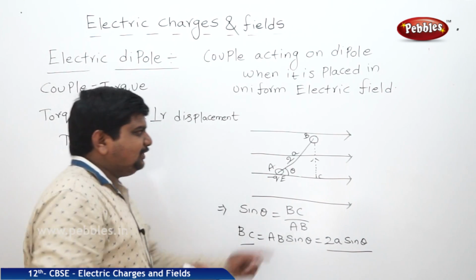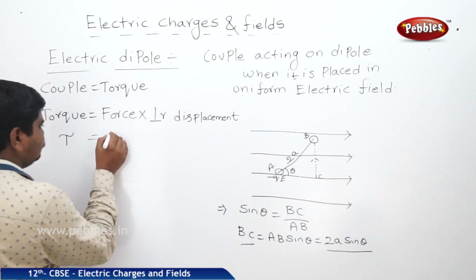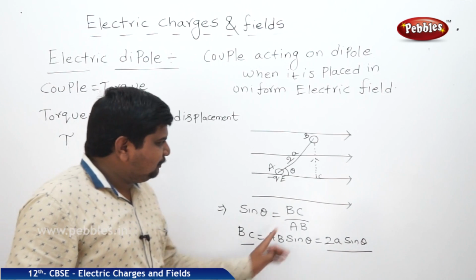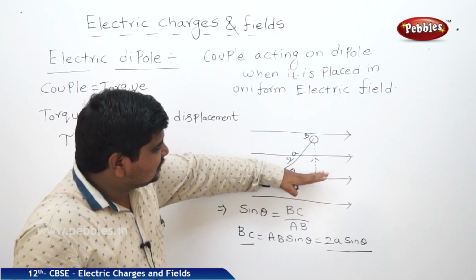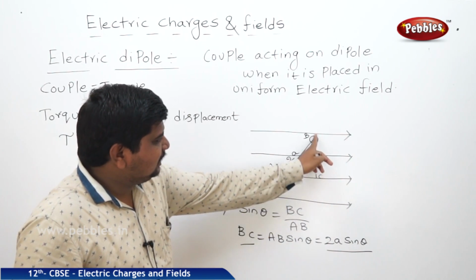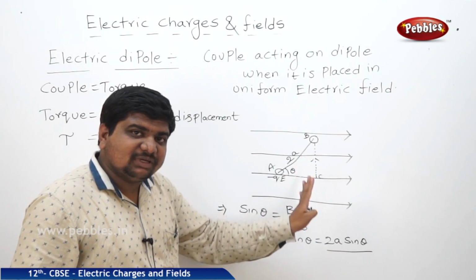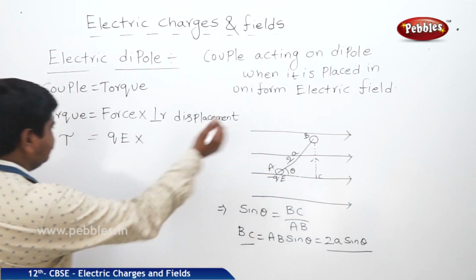What is the force experienced by each individual charge in the dipole? QE. Into. What is the perpendicular displacement? Initially, this is the position of the dipole. Now it is displaced like this. From here to here, the positive charge was changed. So this BC gives the perpendicular displacement of the dipole. What is BC? We already discussed, 2a sine theta.